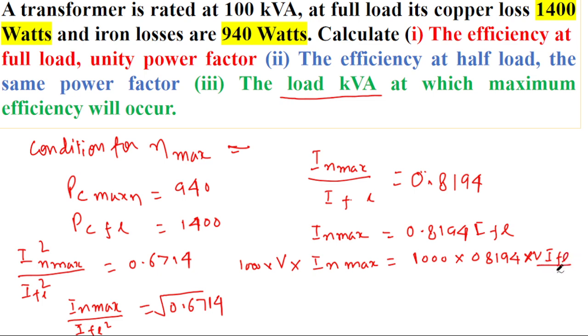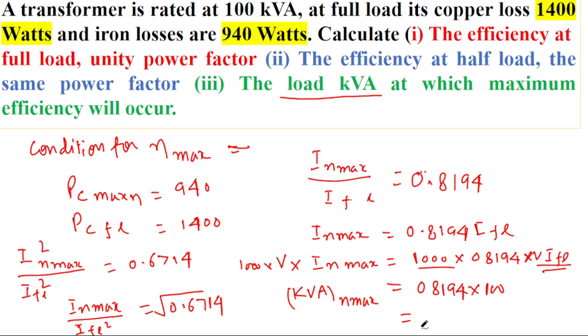So this V times I FL is nothing but the full load kVA rating, so this becomes the kVA at η max. It will be 0.8194 multiplied by 100, because the rated kVA of the transformer is given as 100.